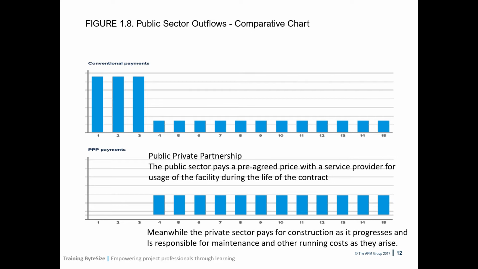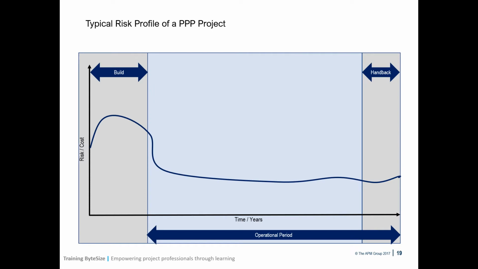Now, let's look at the risk profile of one of these deals. So here we're going to show the risk over time for a typical public-private partnership. We've got risk cost up on the left-hand side, and running across the bottom is time or years. Now, there are effectively two periods for a PPP.